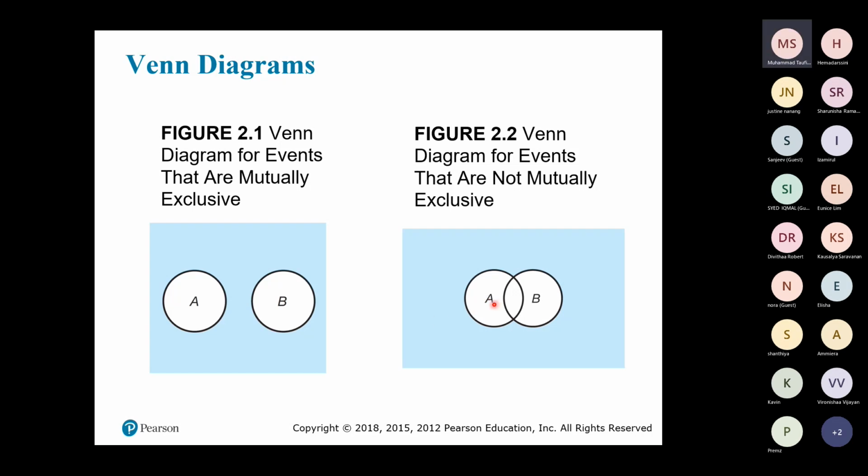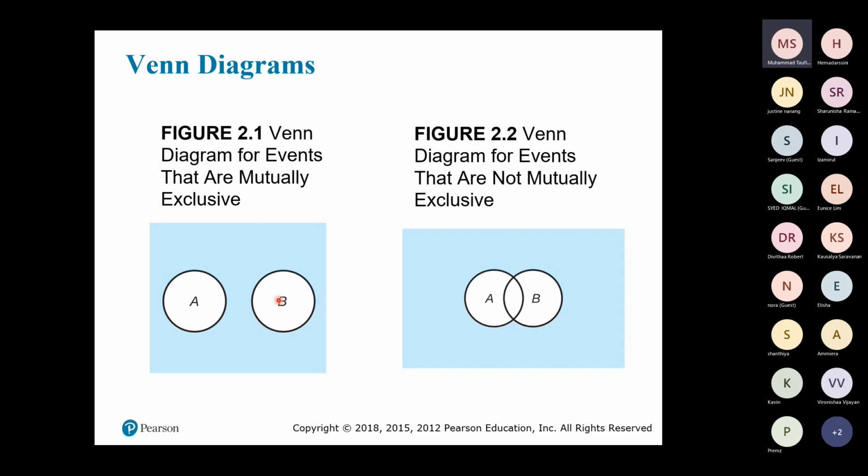So A represents buying a shirt, B represents buying trousers. Your customer can either buy a shirt or buy trousers. If the customer can only buy one thing, then it becomes a mutually exclusive event. It means that the customer can either buy trousers or buy the shirt.